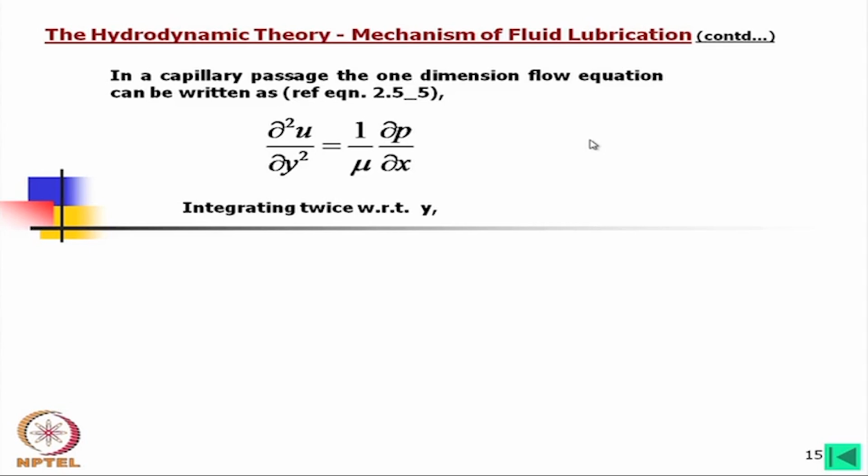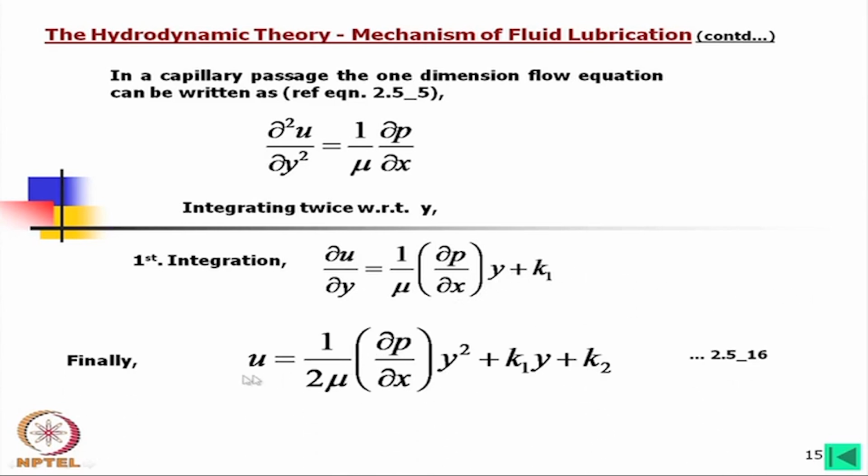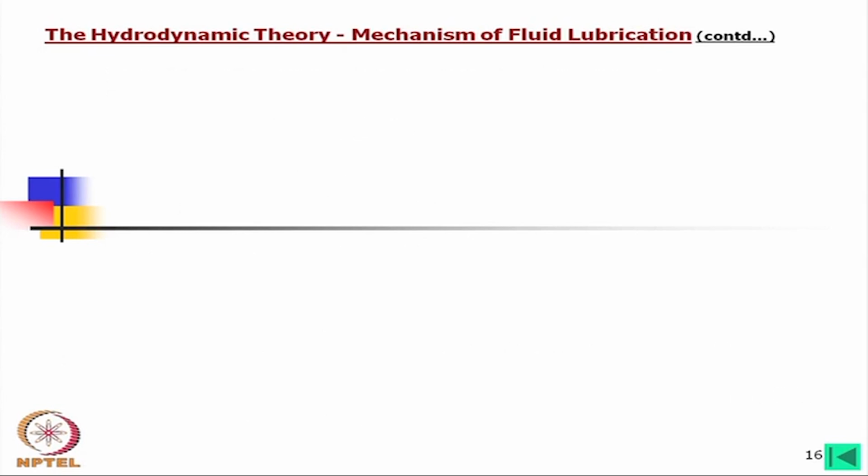Now, integrating twice with respect to y, after the first integration we get del u by del y is equal to 1 by mu del p by del x into y plus k1, and after the second integration we get u is equal to 1 by 2 mu del p by del x y square plus k1 y plus k2, where k1 and k2 are integration constants. This is the same as we have done earlier in the case of two flat parallel plates.